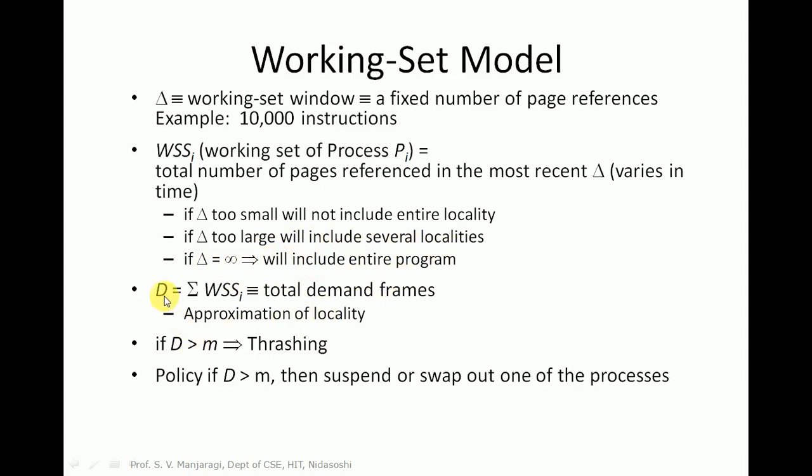Here we calculate D equal to the summation of WSSi. WSSi is the working set of process Pi. So we consider the summation of the working sets of all the processes in the system, indicated as the summation of WSSi over all the processes, and we get D. That is the total number of page references in the most recent delta for all the processes.